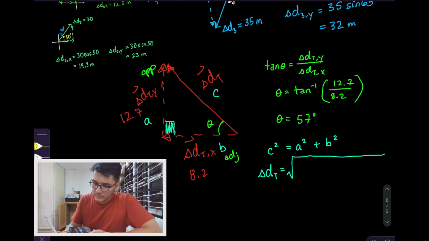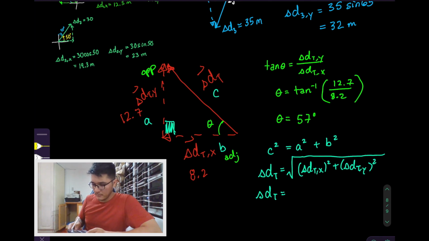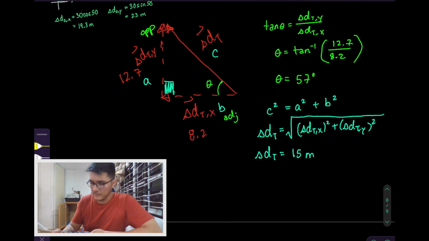So this is the square root of the sum of the squares of the sides. So that's 15 meters.